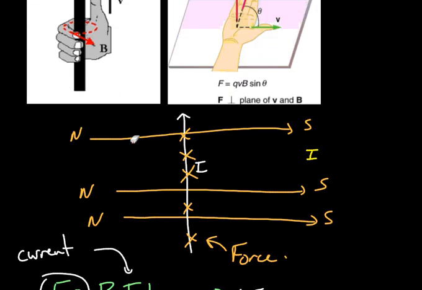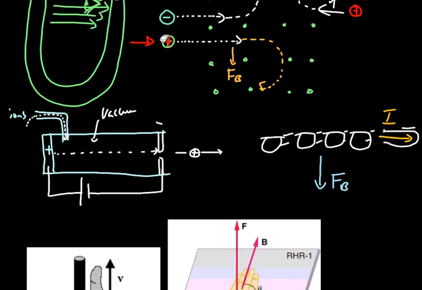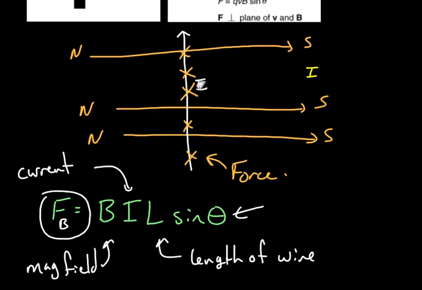The reason why this wire interacts with a field is for the same reason that this charged particle would. You have to remember that what this is, is a whole bunch of positive charges in a row flowing through.